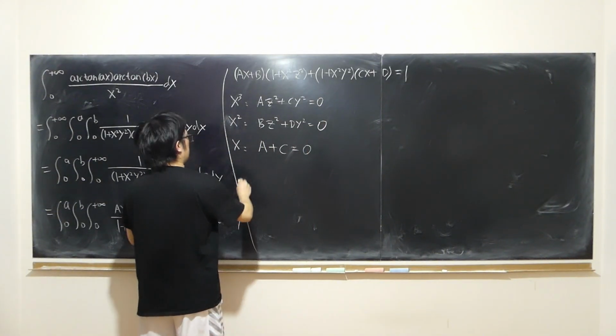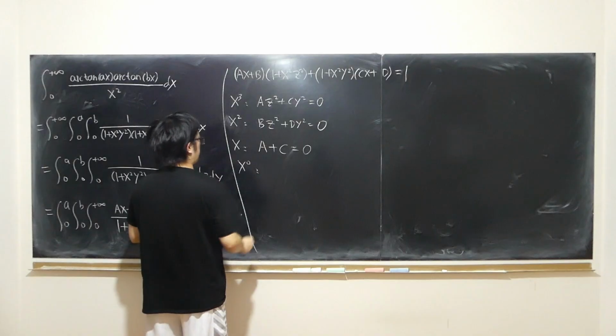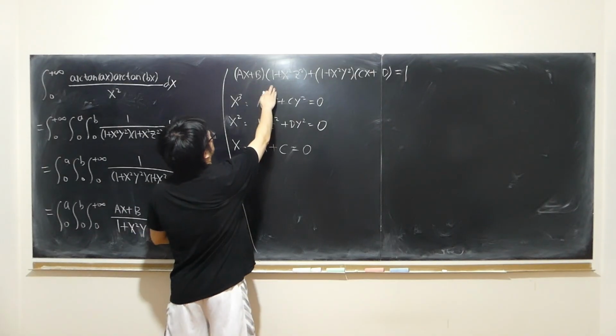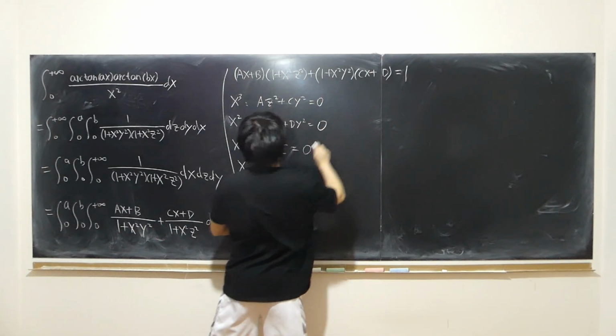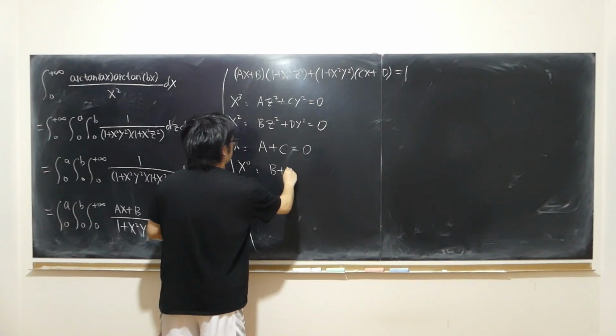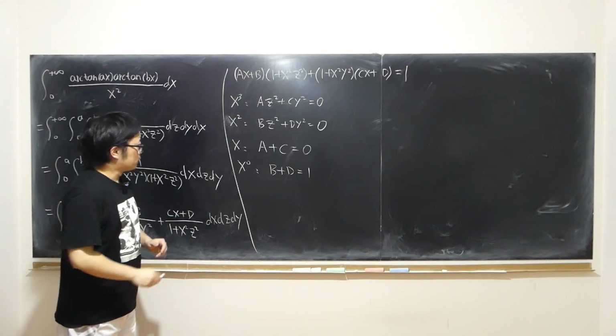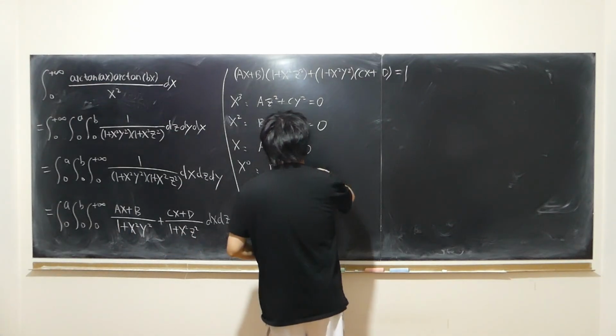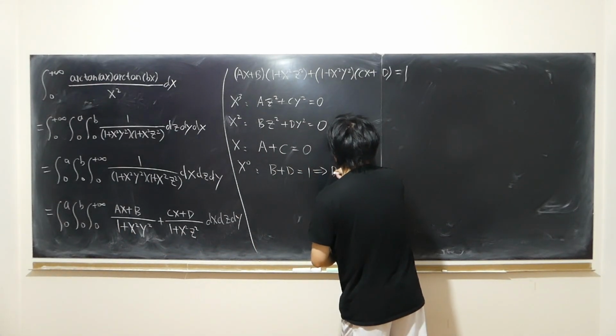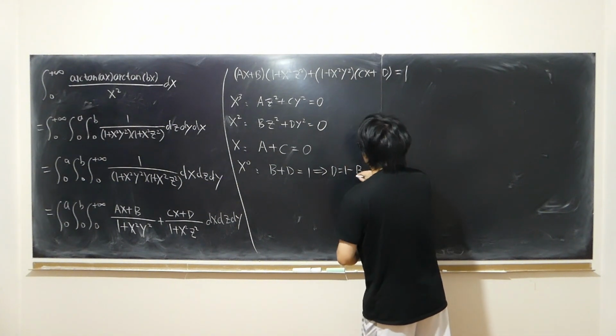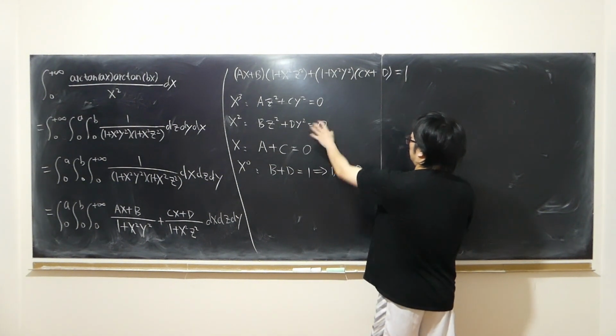Always equal to 0. You have the constant term. What is that? B, D. B plus D always equals 1. So here I simply write D equal to 1 minus B. We can apply this to this equation.